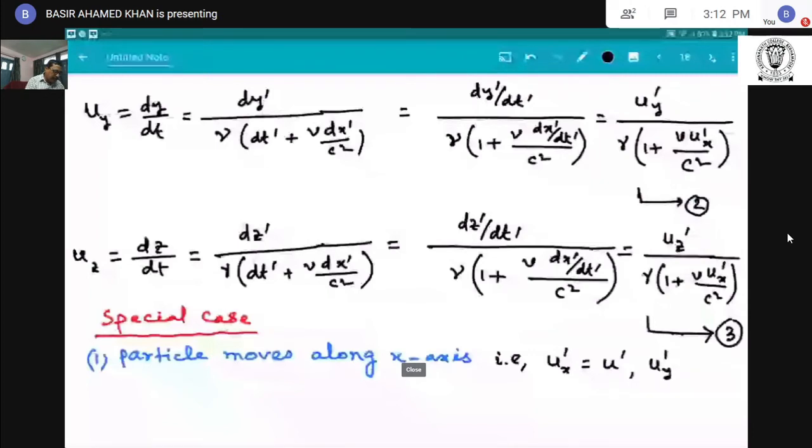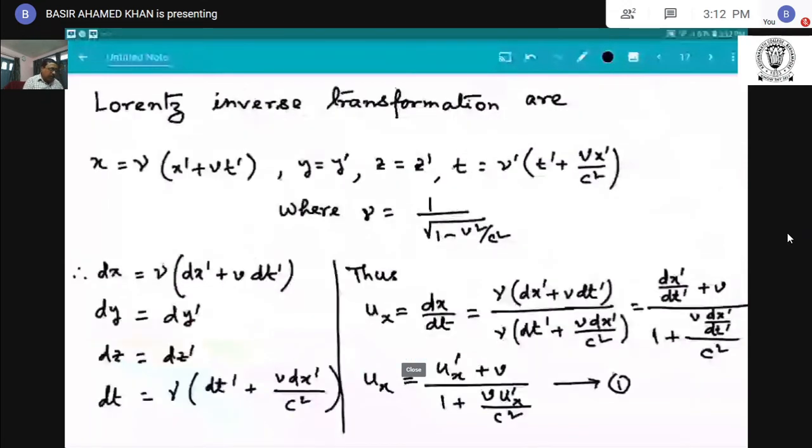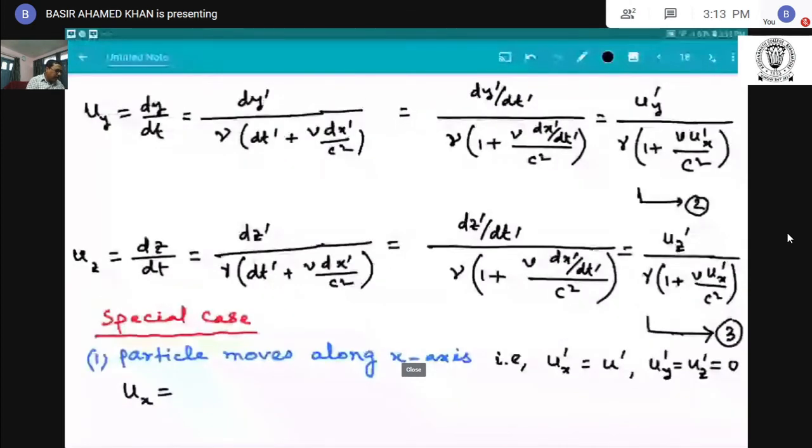Therefore, from equation 1 we get ux equal to u dash plus v divided by 1 plus u dash v by c square. uy equal to 0 as uy dash equal to 0 from equation 2, and uz equal to 0.